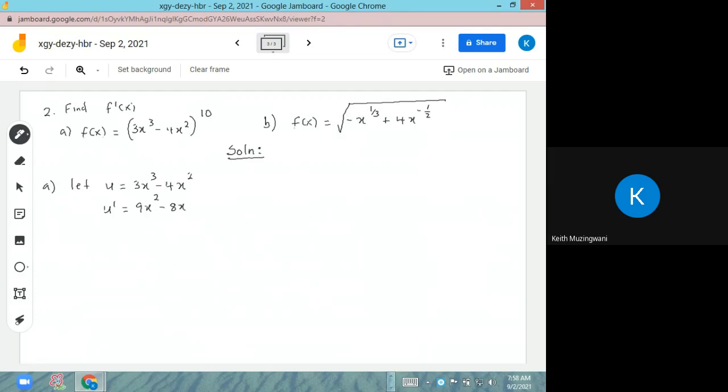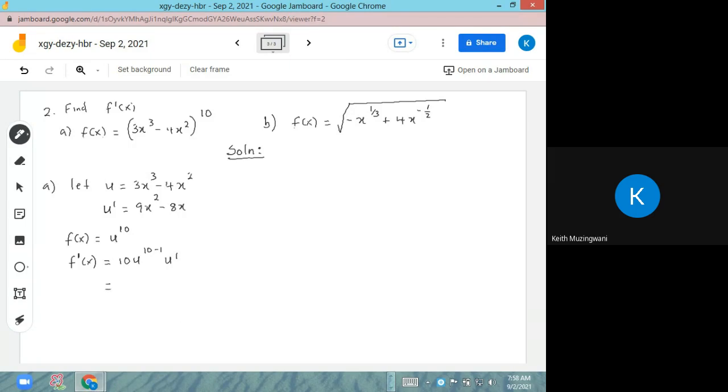From there, we'll go back to f and write f as u to the power 10. We understand that its derivative is going to be 10 u to the power 10 minus 1 multiplied by u prime, because we know u is a function of x. That's what the chain rule says.